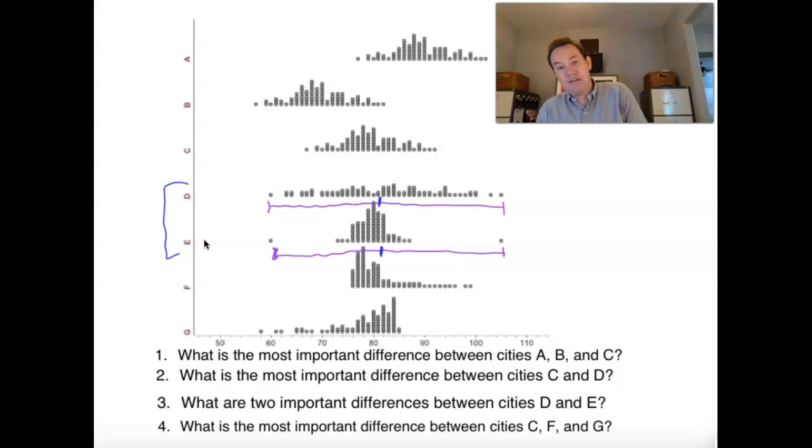But D is much more uniform than E. And so when I say uniform, I mean their overall range is roughly the same, but E seems to have outliers. Whereas D, it pretty consistently has data throughout its entire range. And it has almost the same number of days at each temperature.